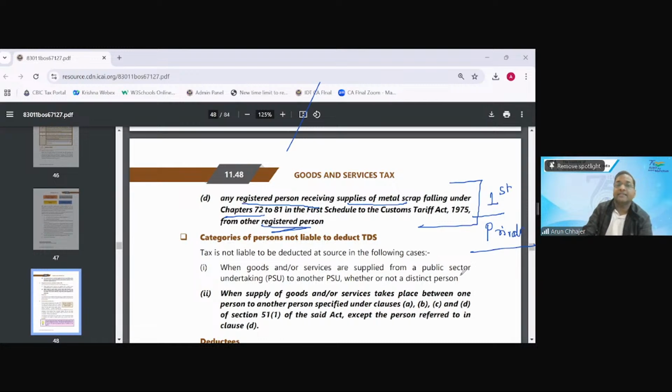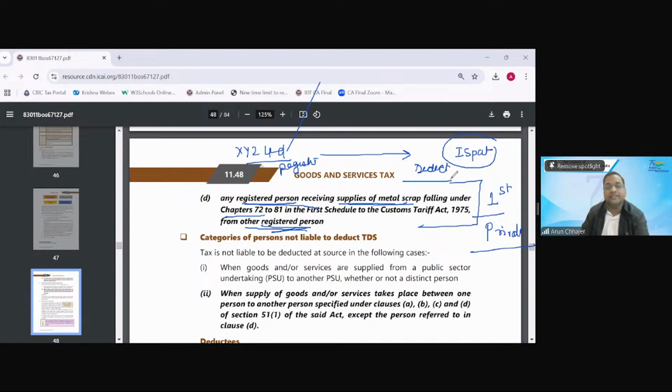But for the first time they are saying, if let's say XYZ Limited is supplying metal scrap to Ispat Industries, a registered person in GST, then any registered person receiving the supply of metal scrap from another registered person, this Ispat will deduct the TDS under the GST.